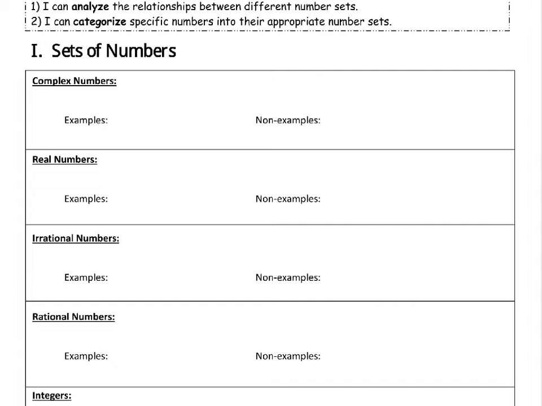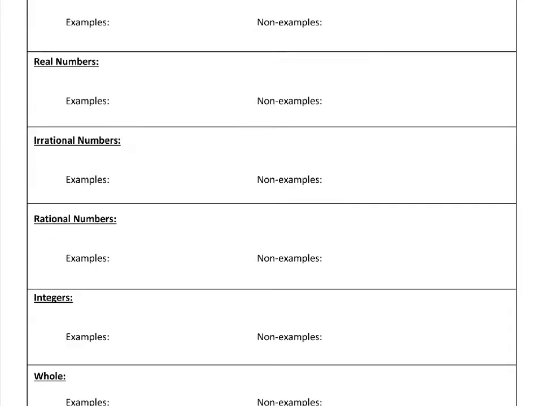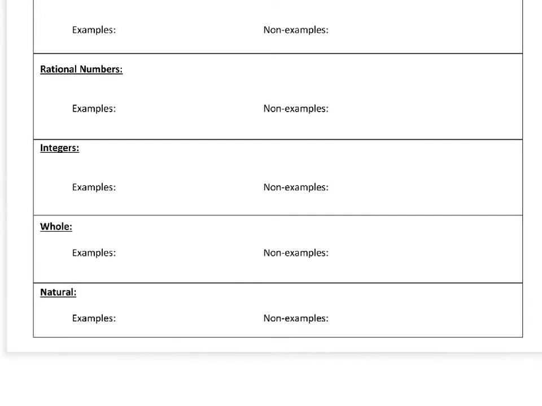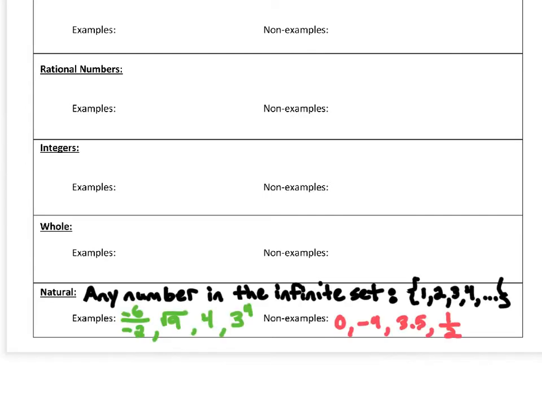As opposed to starting at the top like we normally do, I'd like us to start down at the bottom of this page with natural numbers, and we will work our way up. This way I think you can get a better understanding of how these number systems have relationships to one another. We begin then with the natural numbers.